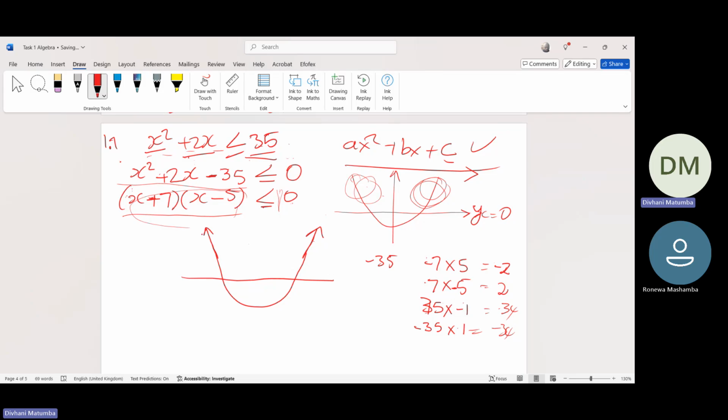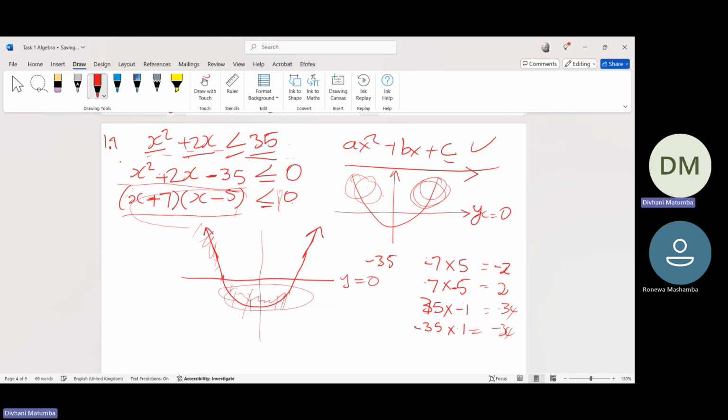Is it this region or this region? It is the lower region, this one. Because this is your y equals 0 line, so everything below that is negative. You agree? Yes, sir.